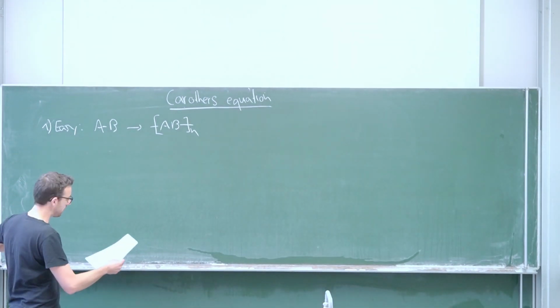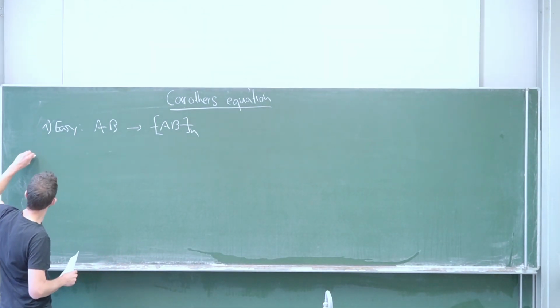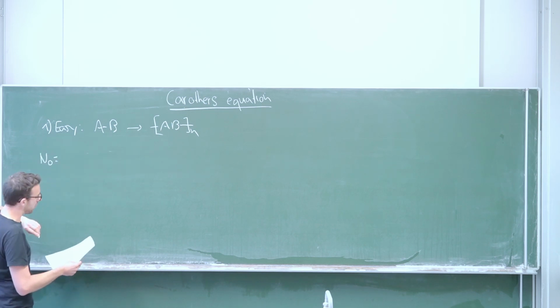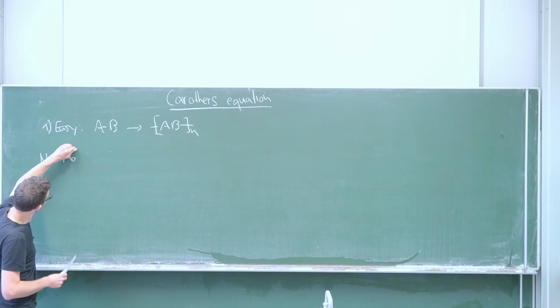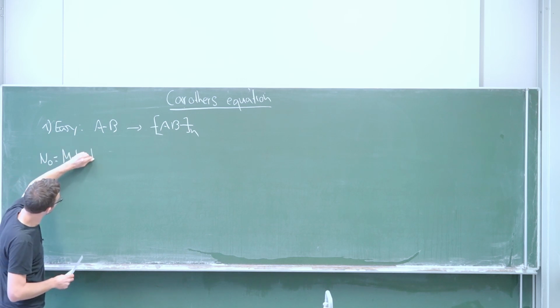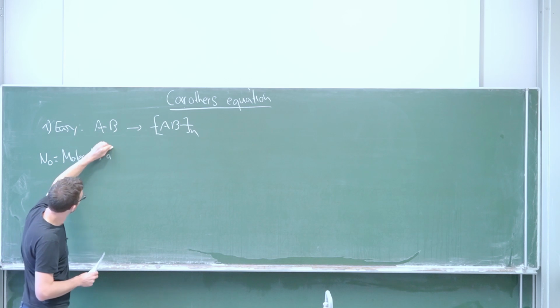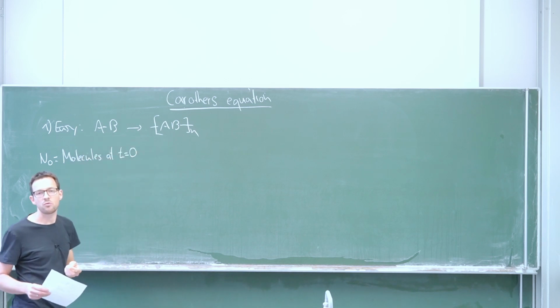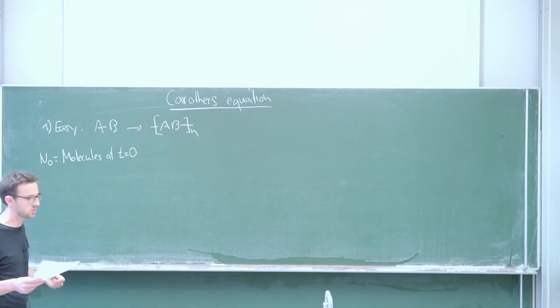Okay, so now let's make a couple of definitions that we will also need for the next, maybe a bit more complicated step. So N0 is the number of molecules at the beginning, before the reaction started or at the start of the reaction.